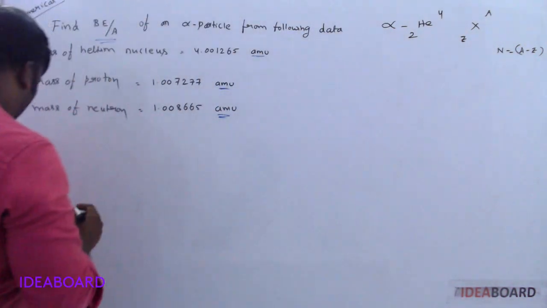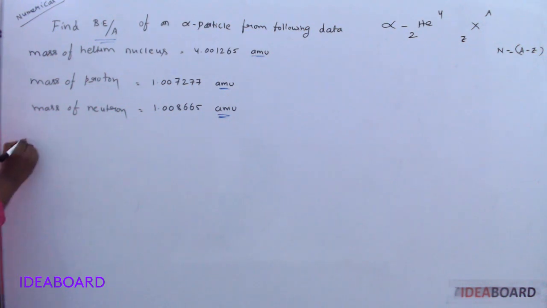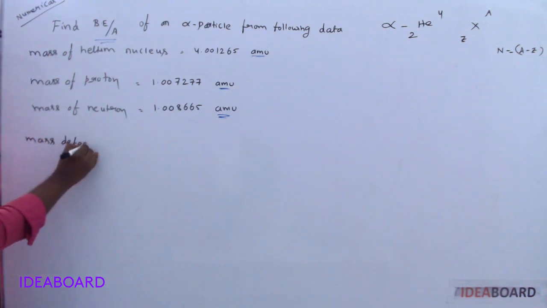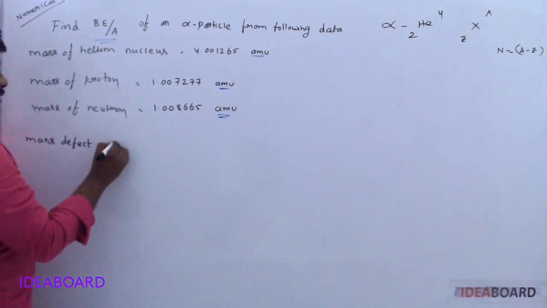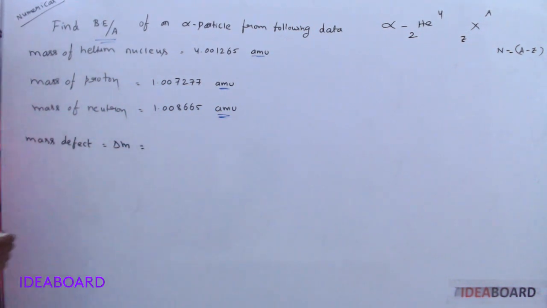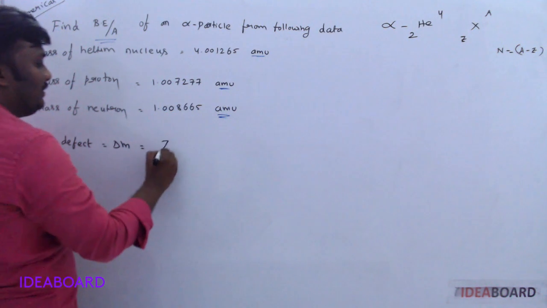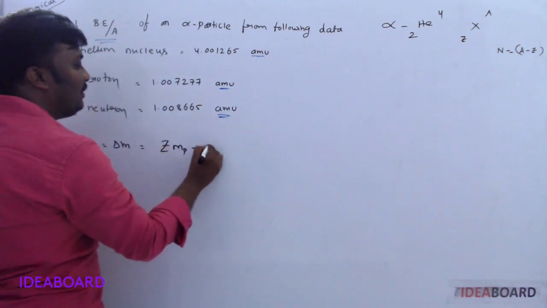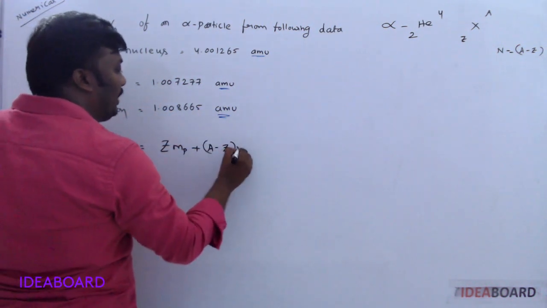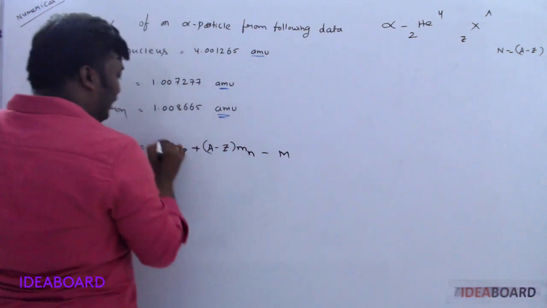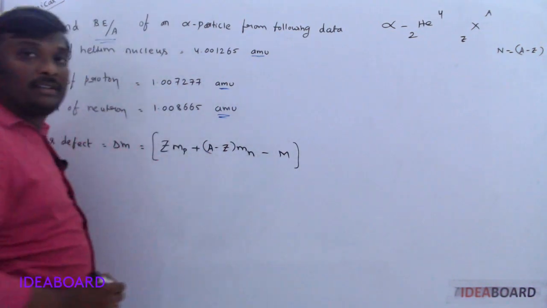Okay, for doing this numerical, first find the mass defect. Mass defect is represented by delta M. The formula for the mass defect is ZMp plus (A minus Z) into Mn minus capital M, where capital M is the actual mass of the nucleus.